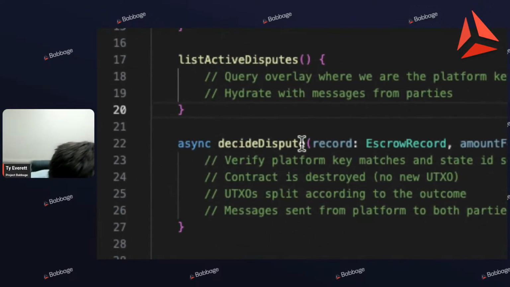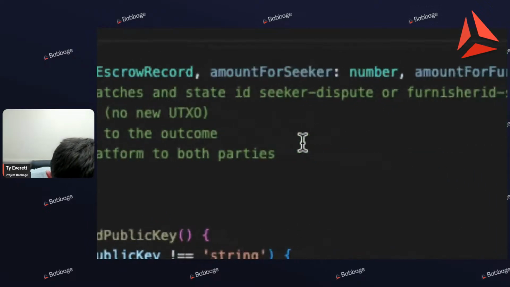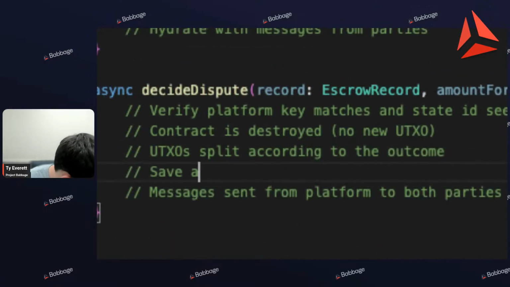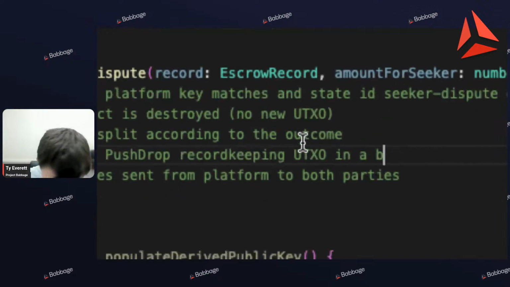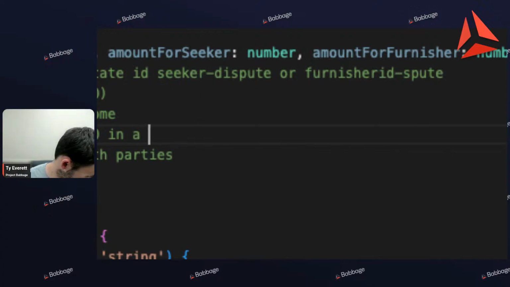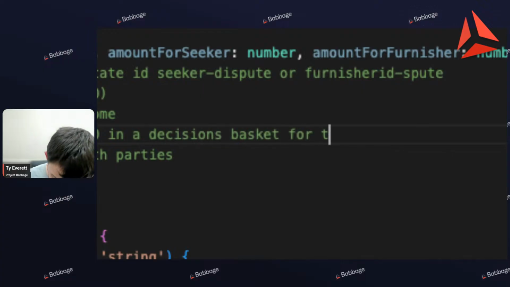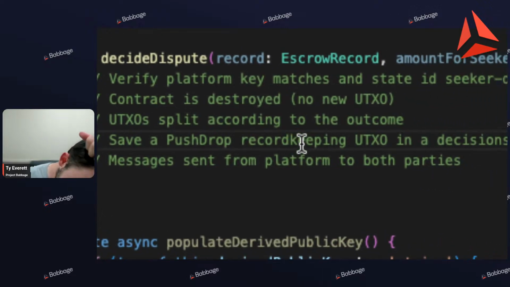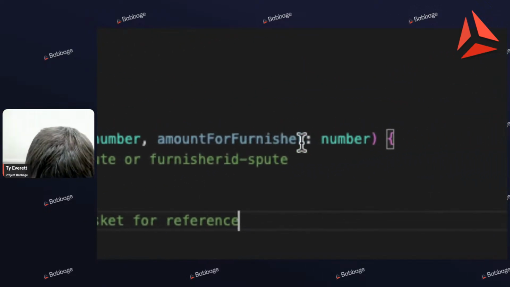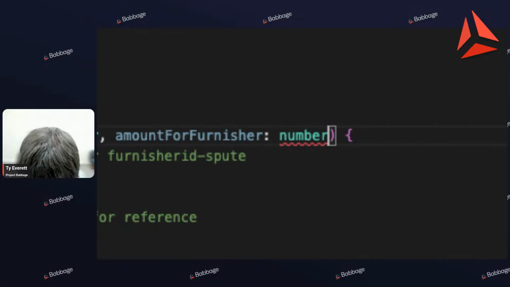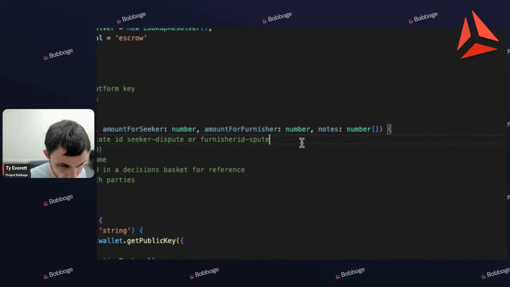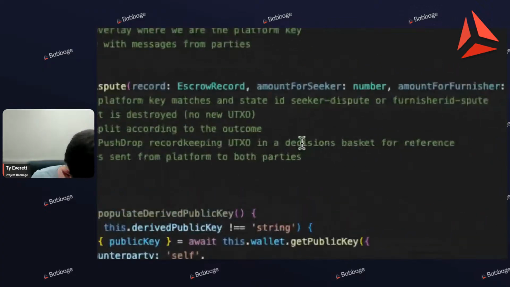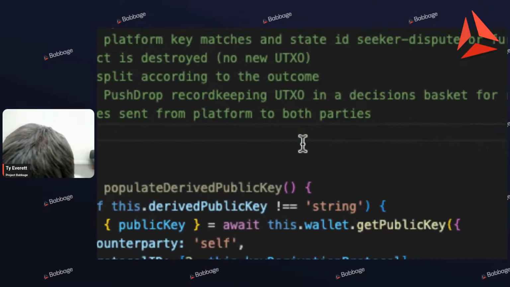So to decide a dispute, send the notes to both parties if you want, about why the dispute was decided the way it was.